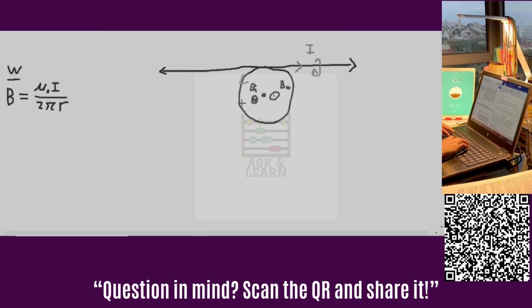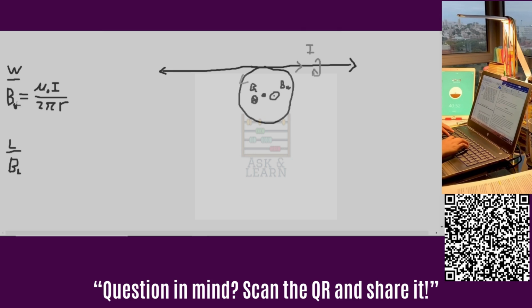So for these to cancel, the magnetic fields have to be equal. And we have another equation for the magnetic field from a loop. The loop magnetic field is equal to, once again, B. We can label these.